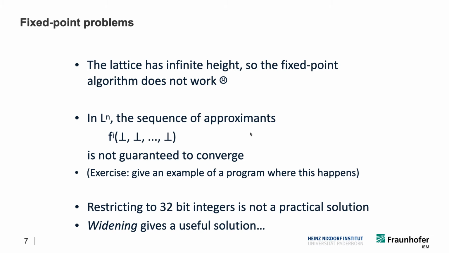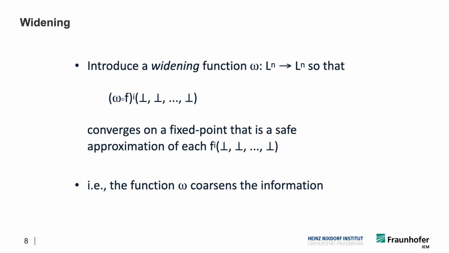And like I said, using just an arbitrary bound, such as 32-bit integers, that's also not really helping. So that's why this week we want to discuss a technique called widening that gives you some useful solution. Widening is defined through a so-called widening function.